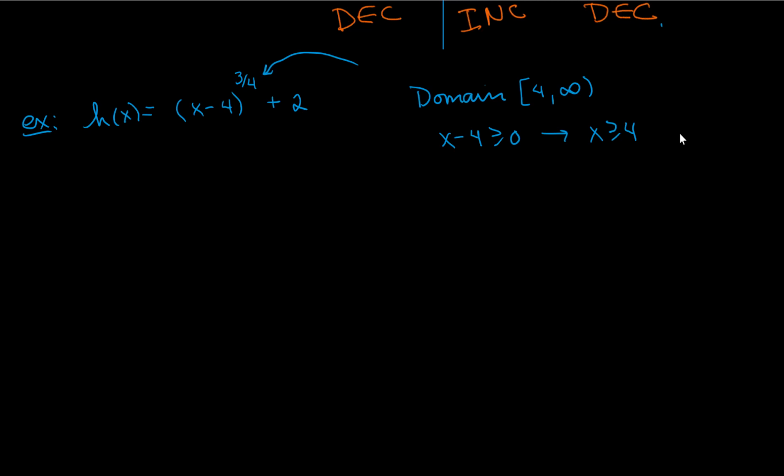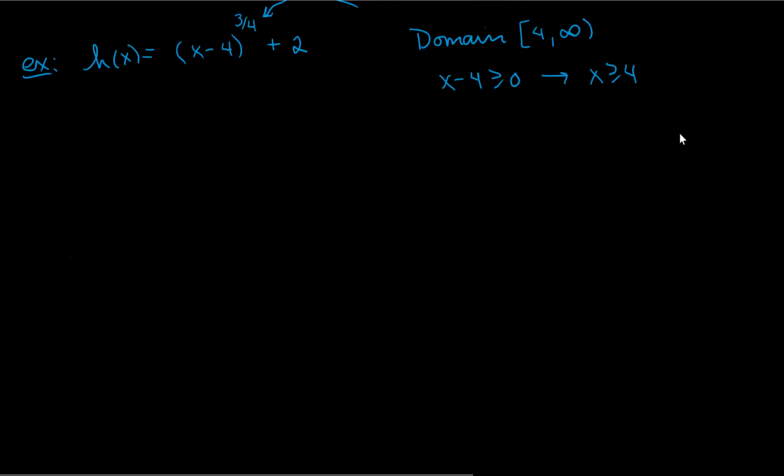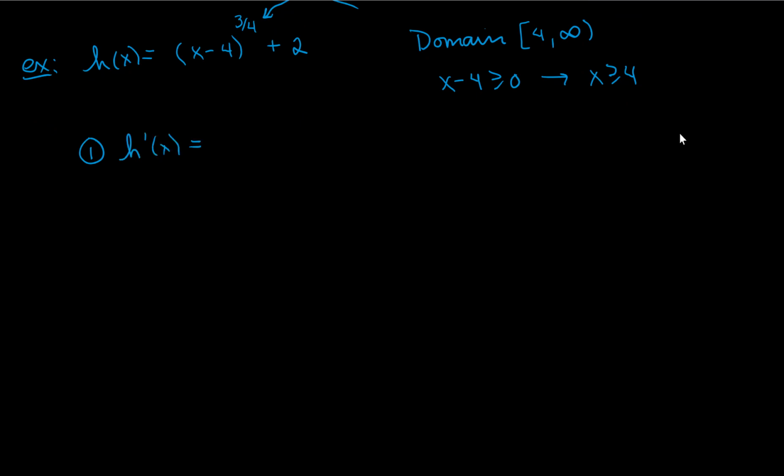Now we're going to step through just as we did in the previous example. First thing we're going to do is compute the derivative. So we have h prime of x. This is going to be a chain rule because you have an outside function, something to the 3/4, applied to an inside function, x minus 4.